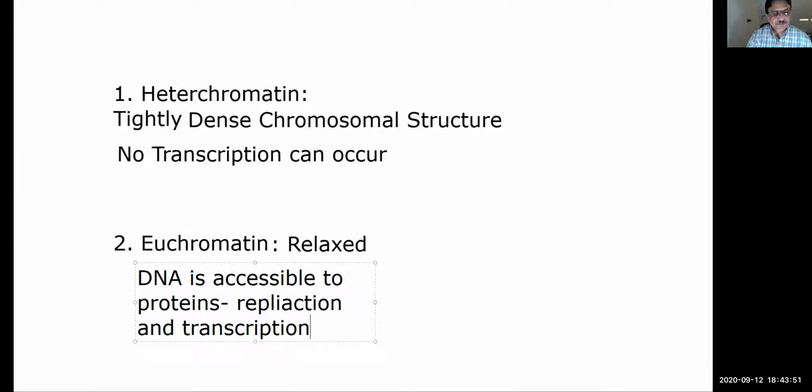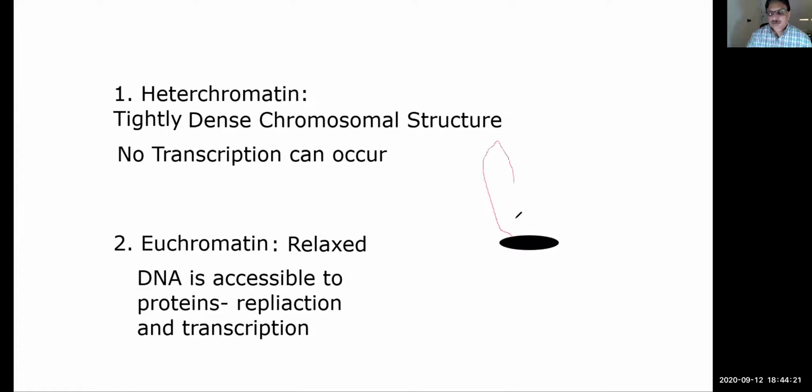So, heterochromatin is a tight structure. Now, what do I mean by a tight structure? Let's draw a rough diagram. Let's consider this is the centromere of a chromosome, and this centromere is attached to chromatids.